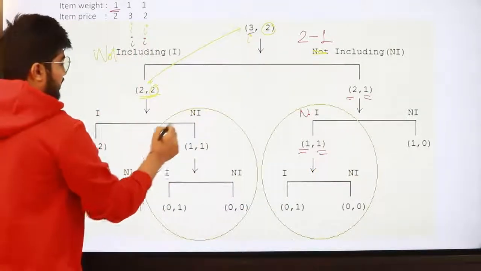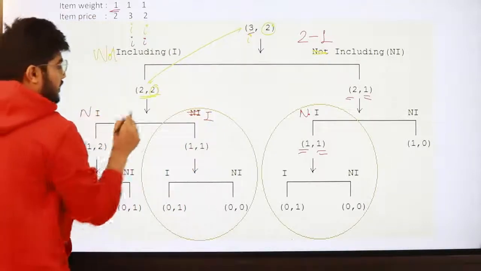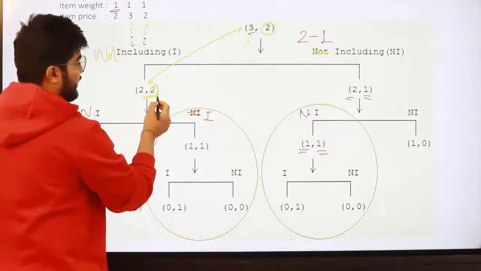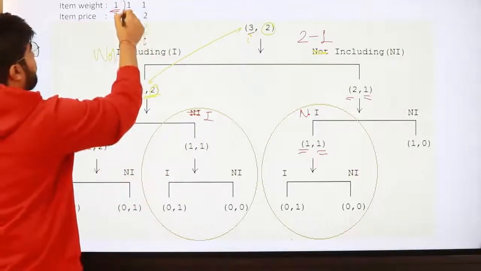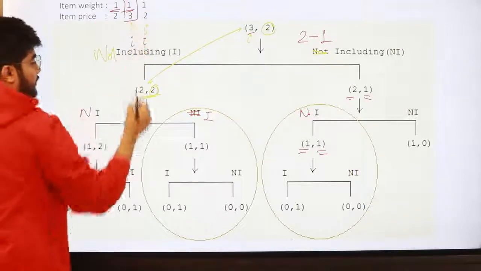Similarly here, instead of not including, if we include this particular item, then we reduce the weight of the knapsack bag by the weight of the second item.